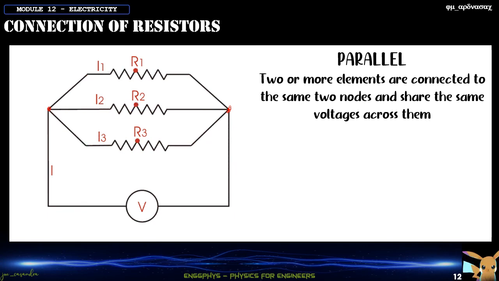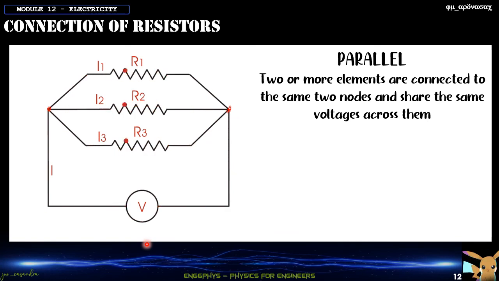As you can see, for R1, R2, and R3, they have a common node at this point and another common node at this point. So they are now in parallel connection. If they only have one common node, then it's in series connection.